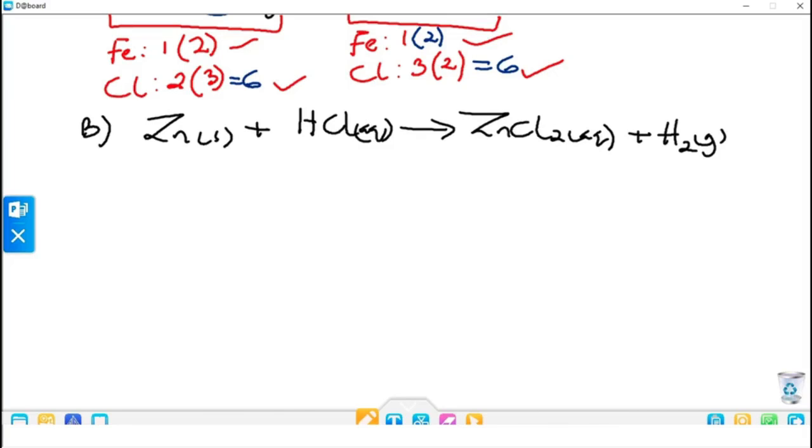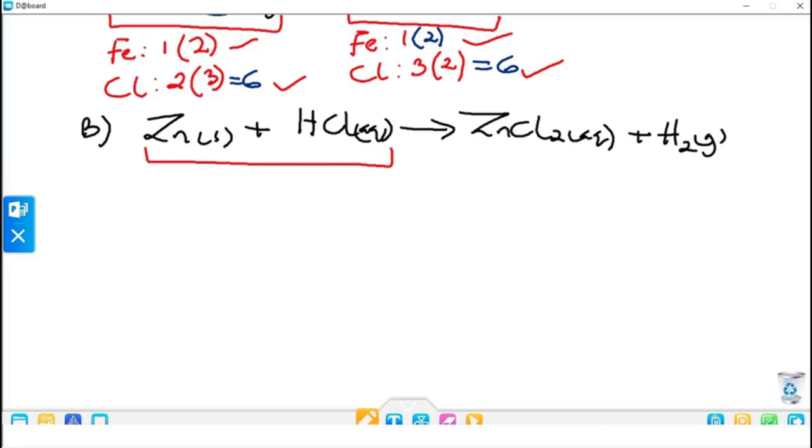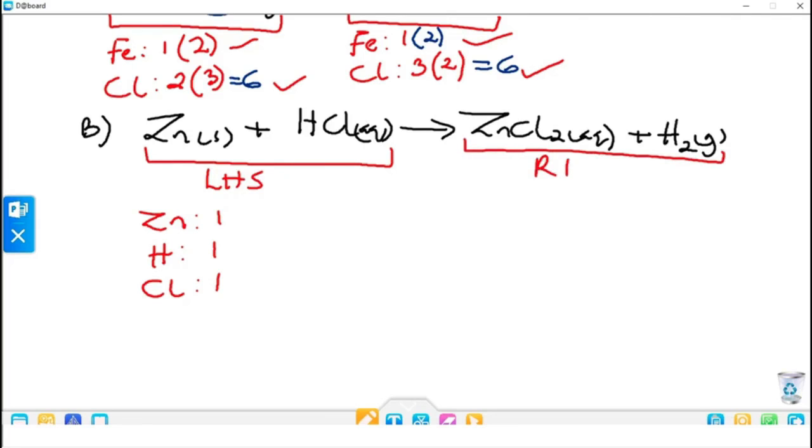Just as we have seen in the first example, at the left-hand side, zinc is 1, hydrogen is 1, chlorine is 1. At the right-hand side, zinc is 1, hydrogen is 2, chlorine is 2.